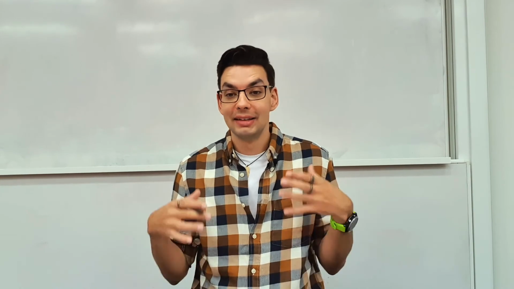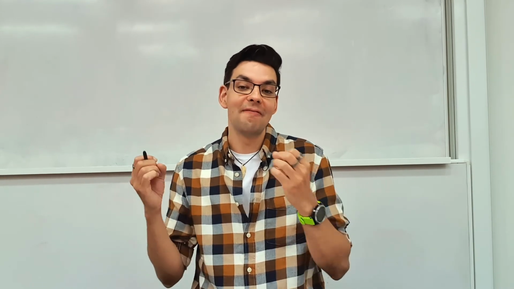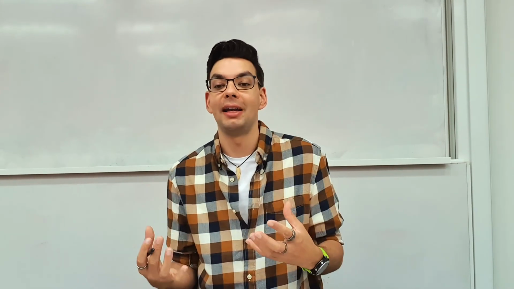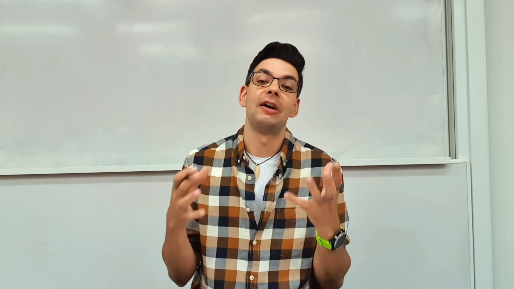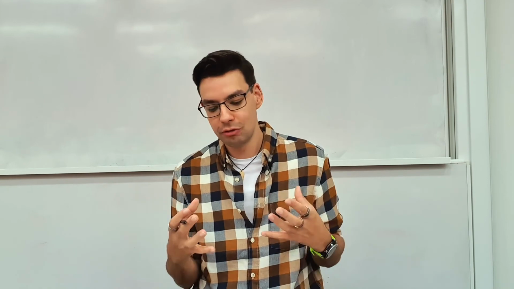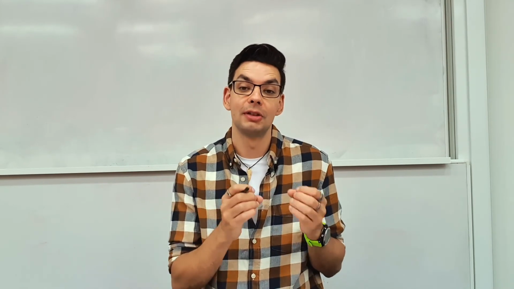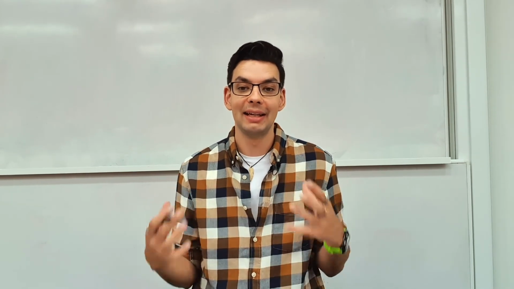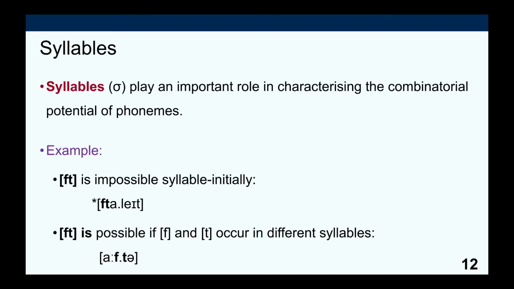It turns out that syllables, which are very difficult actually to define in structural terms, but we have a very good intuitive notion of so far, play a really important role in characterizing the combinatorial possibilities in a language. So, for example, the sequence ft in English is impossible syllable initially. So that includes the start of a word, of course, so we can't have words like phthalate.